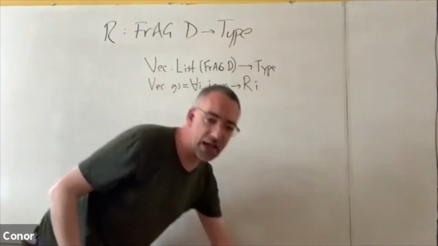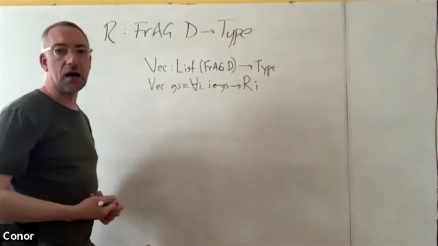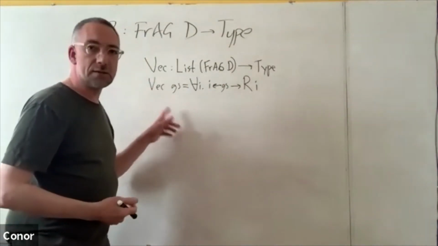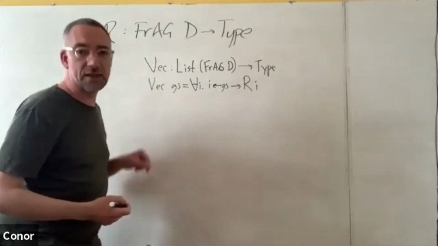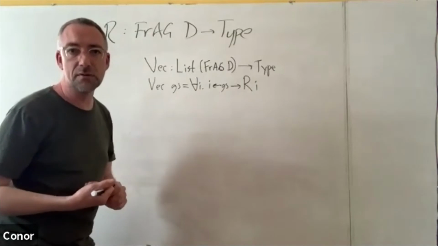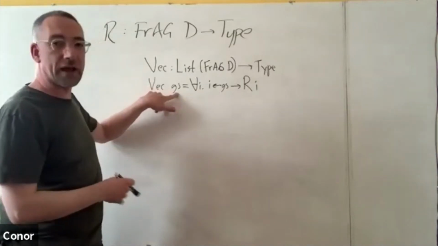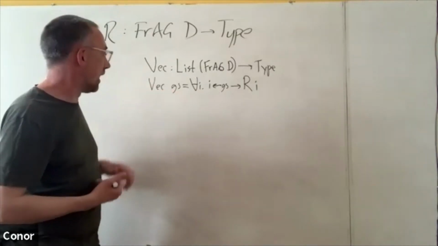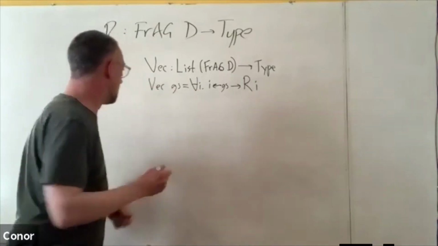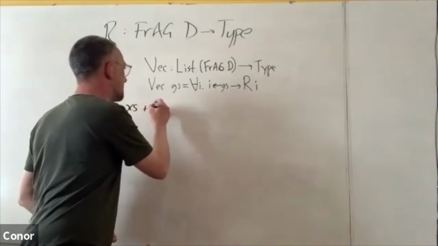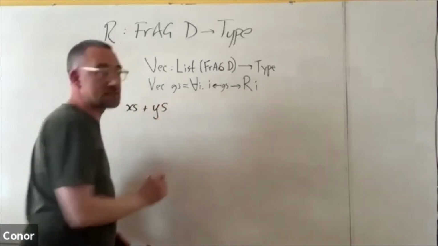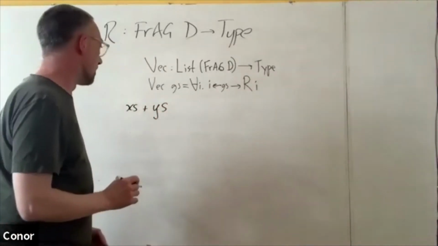So the question is, if we've got some vector like this, right, we can add them. It's clear that adding vectors is going to work pointwise. If I have two such things, x's and y's, I don't want to concatenate them, I want to add them.